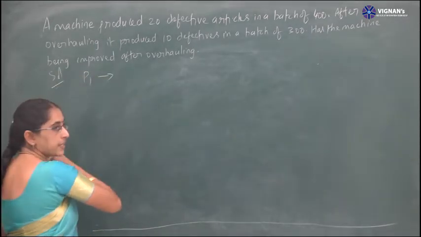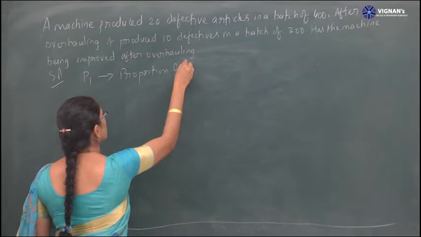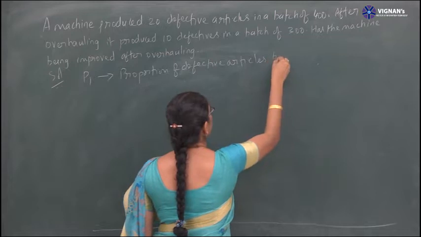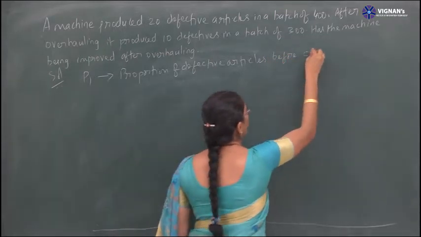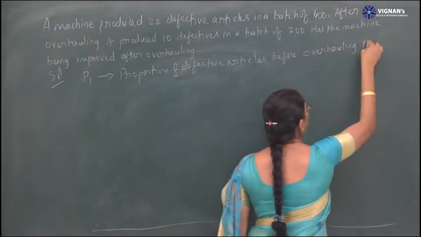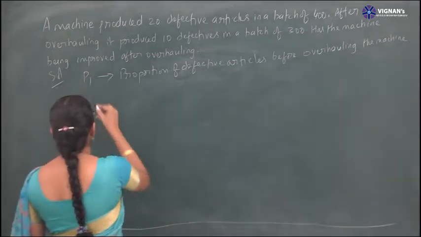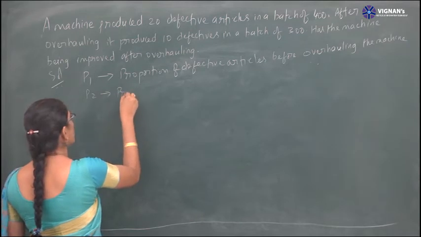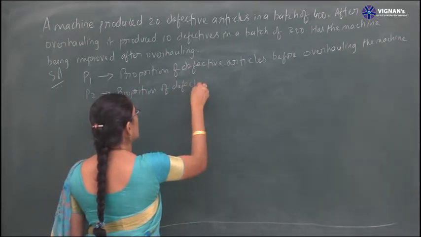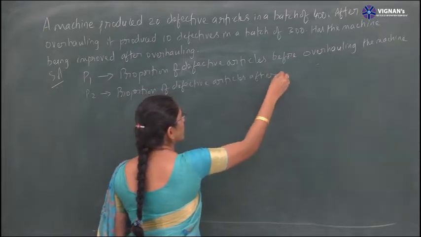So P1 represents the proportion of defective articles before overhauling the machine. Then capital P2 represents the proportion of defective articles after overhauling the machine.